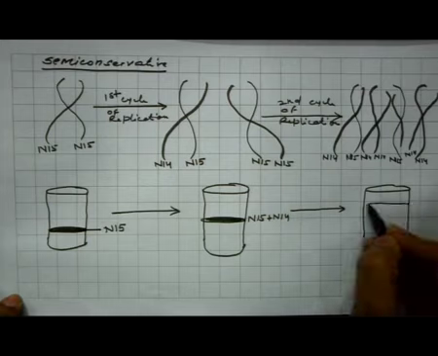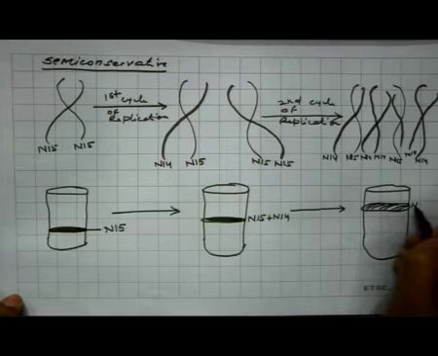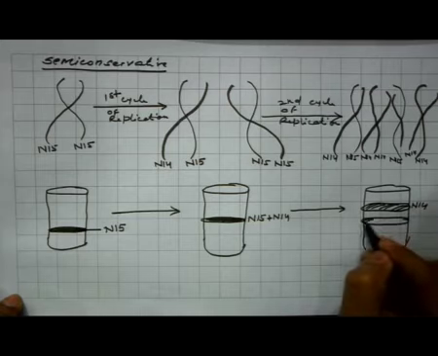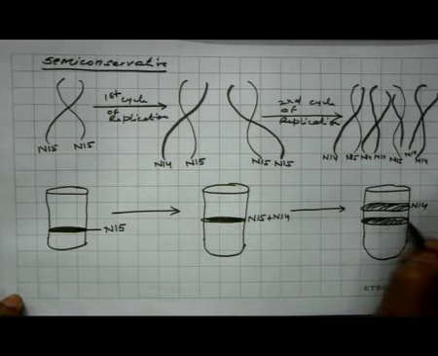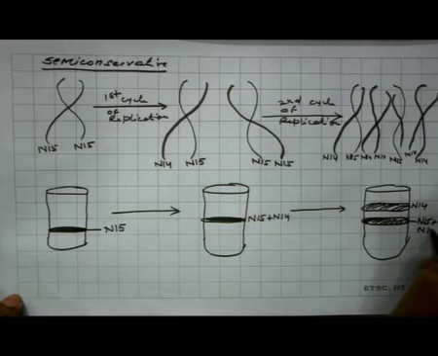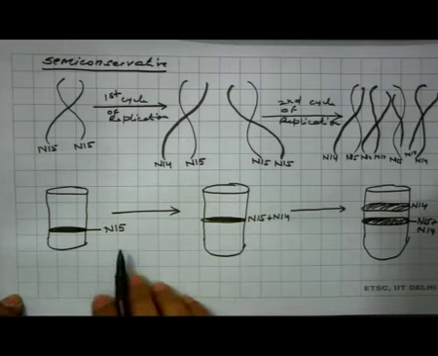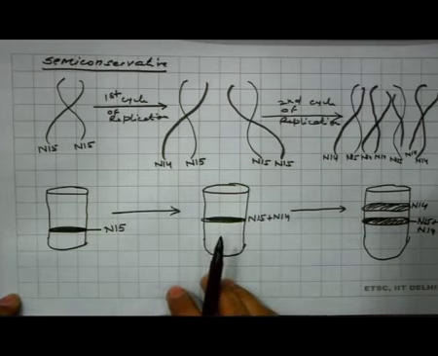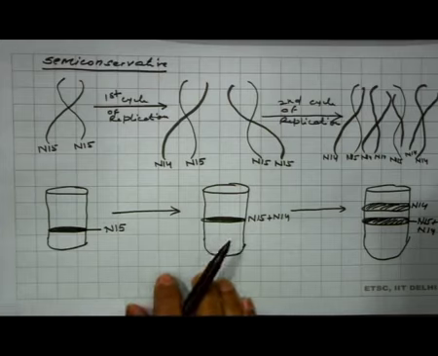So, here the result will be one band of N14 and another band of intermediate of N15 and N14, and this result was exactly the same as that obtained by Meselson and Stahl. So, hence they proved that DNA replication is the semi-conservative mode of replication.